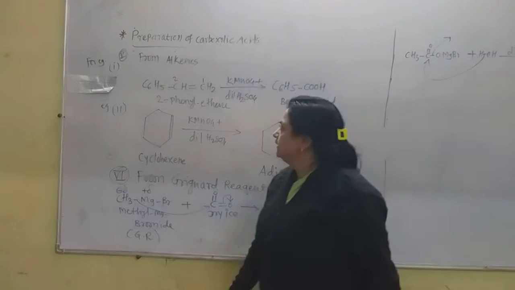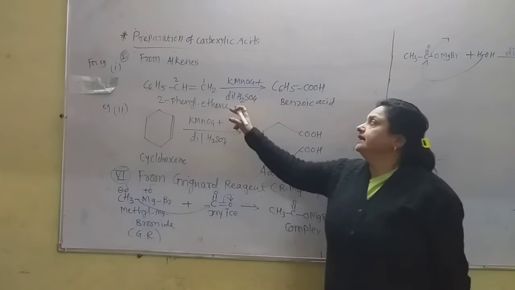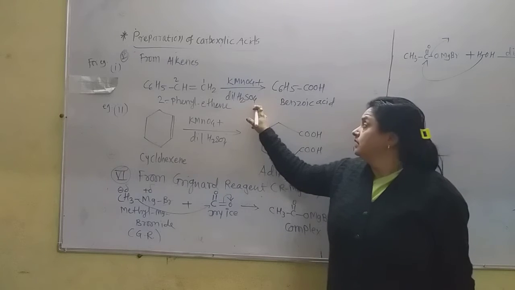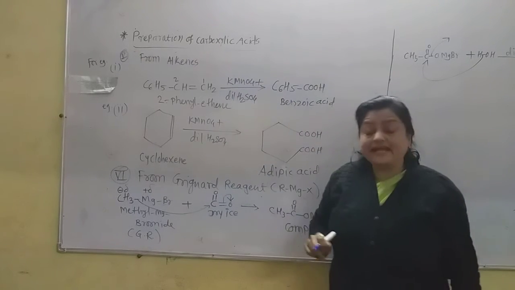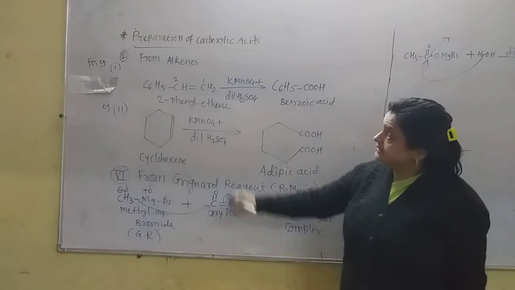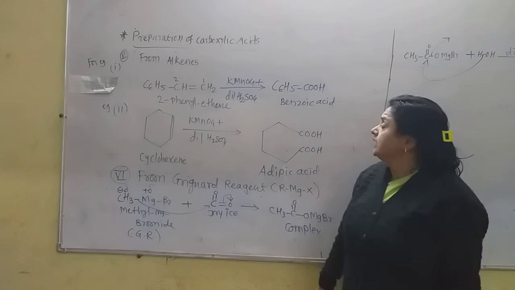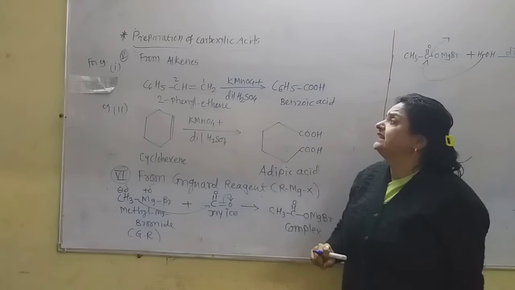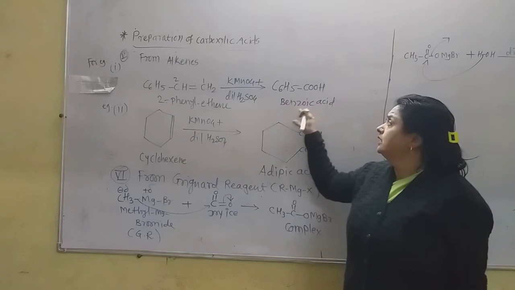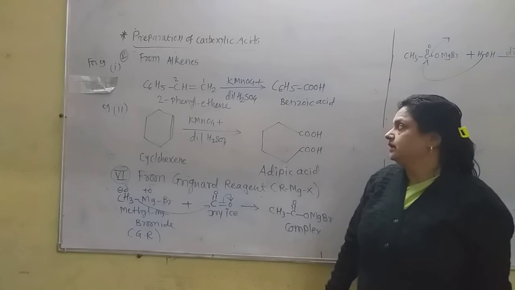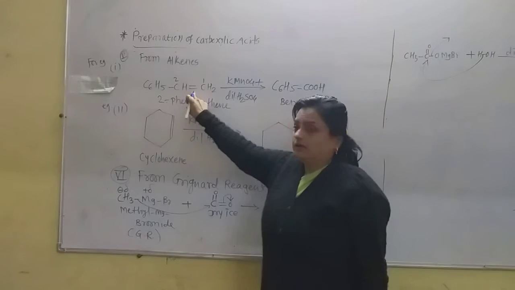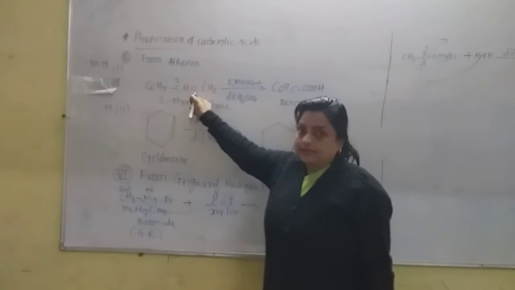In this, acidified potassium permanganate is used. This is KMnO4, but acidified permanganate is used, and this alkene is directly converted into benzoic acid. Remember that if a double bond is there, alkenes are used for the preparation of acid.